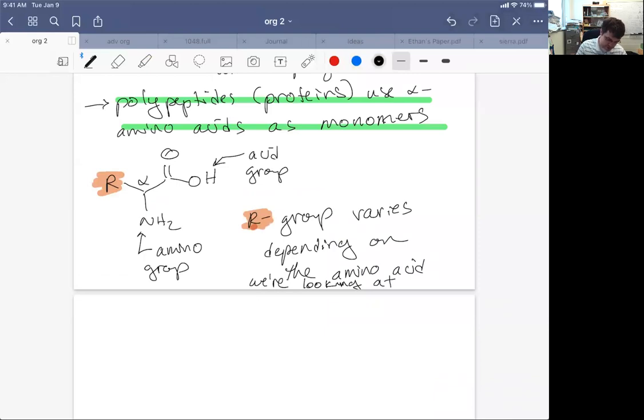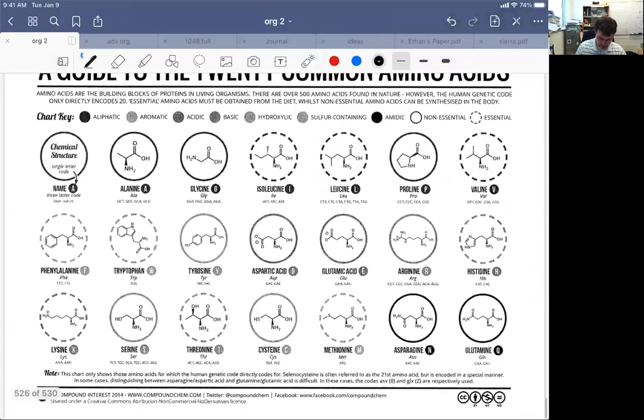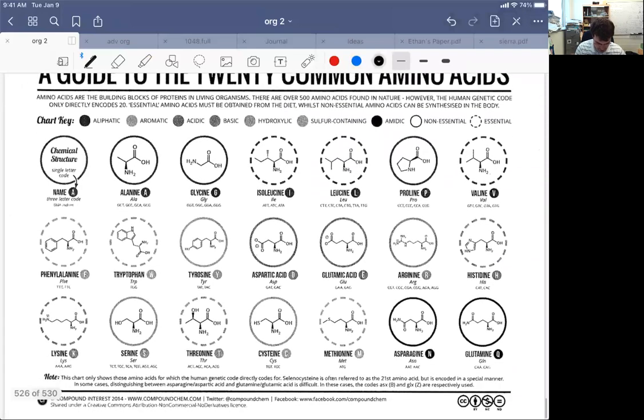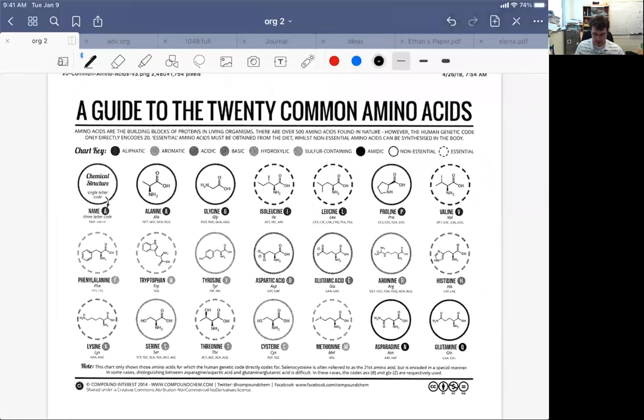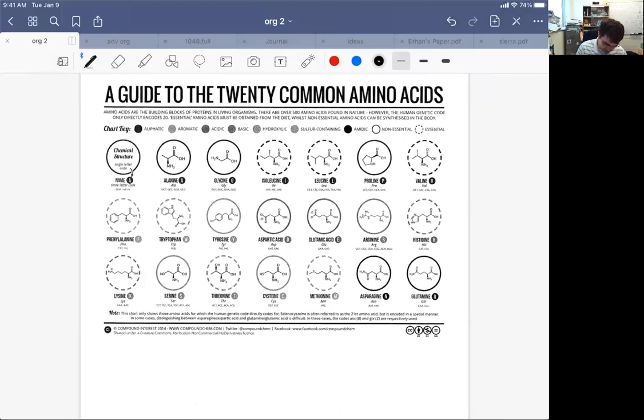Now what I want to do is transition, and I wanted to include this in the notes so that you all could print it out. I just grabbed a picture on the internet of the common 20 amino acids that are typically used in biology. Each has a name, like alanine, glycine, and so on, and we also have the one-letter code.